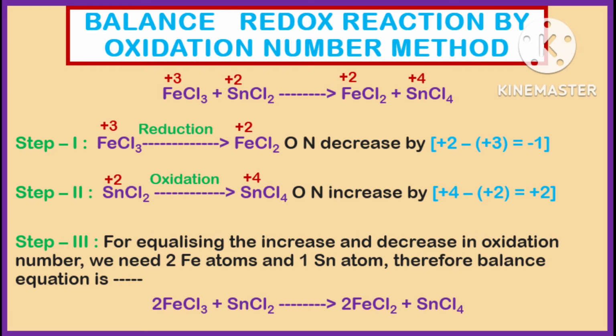Now Cr2O7 is there, and on the product side Cr is there, only one chromium is there. Then chromium first you have to balance, Cr2, and on the product side only one chromium is there. In Cr2O7 the oxidation number of chromium is plus 6, and in this chromium plus 3, already given in the question also, plus 3.